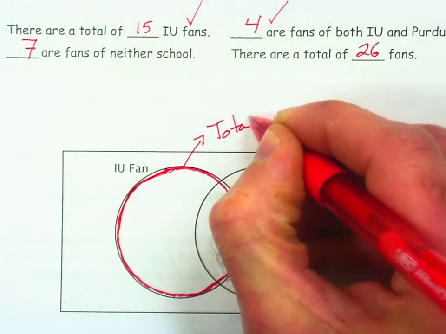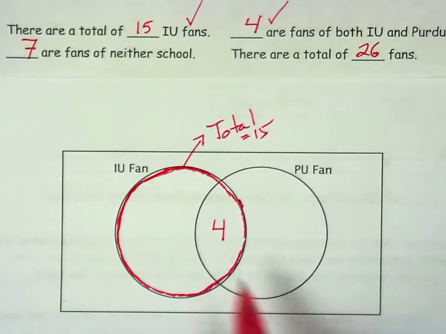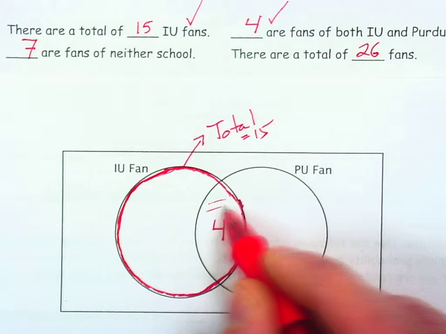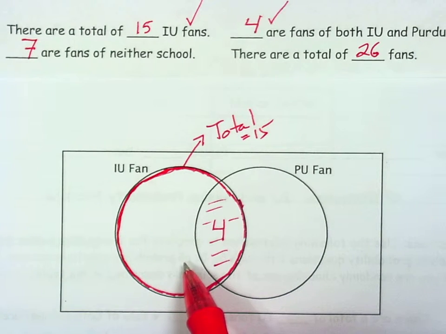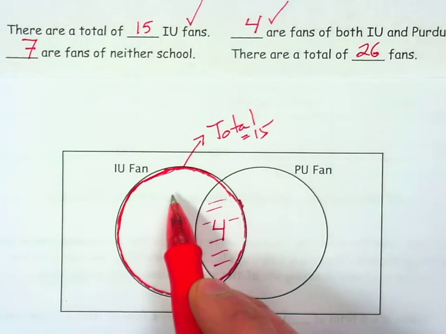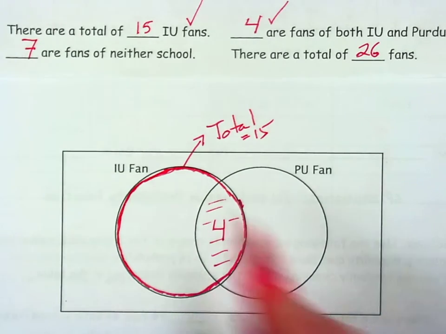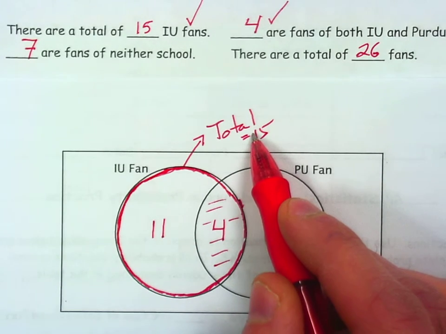A total of 15. Well, I've already got 4, so what that means is this crescent-shaped space out here contains 11 fans, because the total has to be 15.